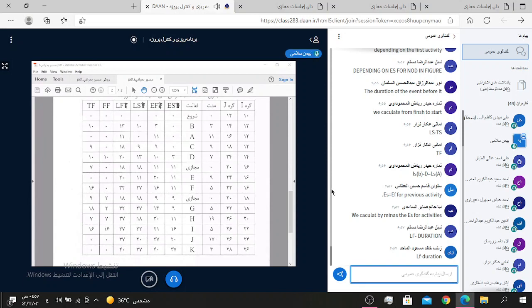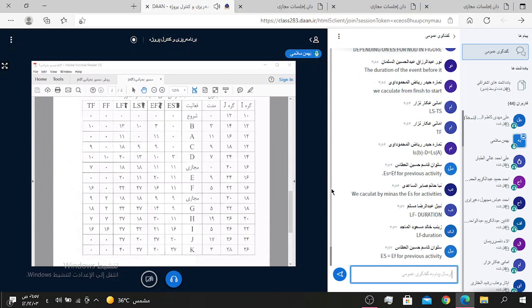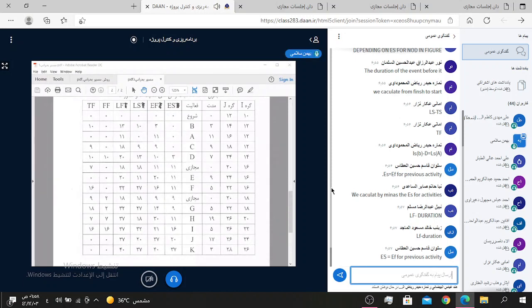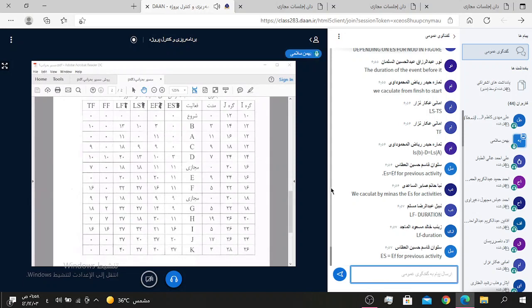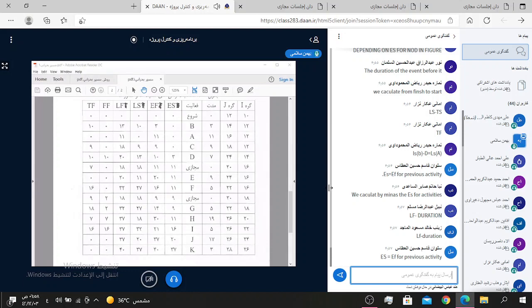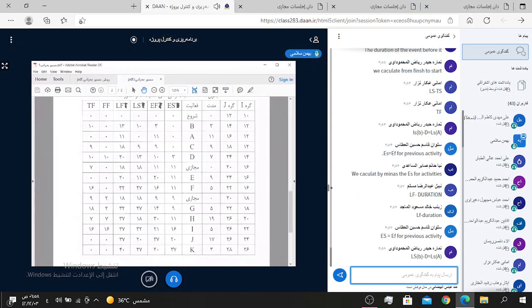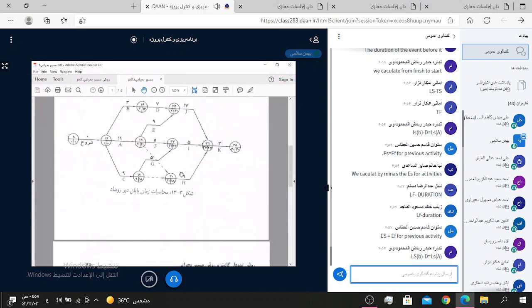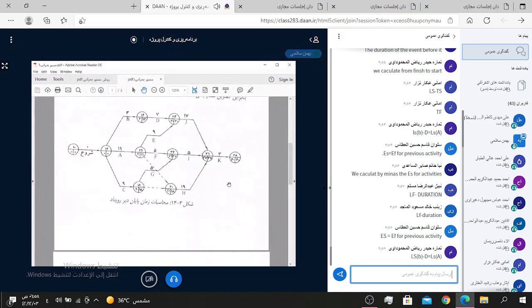So the LS, the ES, we calculate by minus the ES for activity, LF minus duration, LF duration, yes, okay. As you see, for all activity, we have two ES.